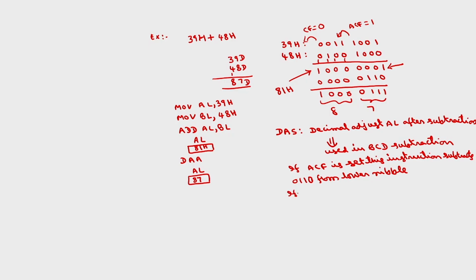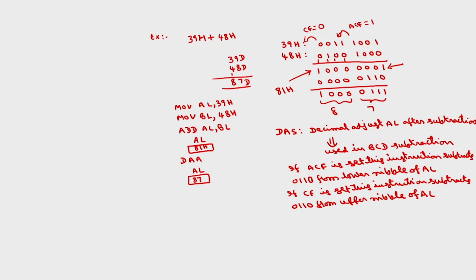Similarly, if the carry flag is set, this instruction subtracts 6 from the upper nibble of AL. This instruction is also only for the AL register. This is implicit addressing mode.